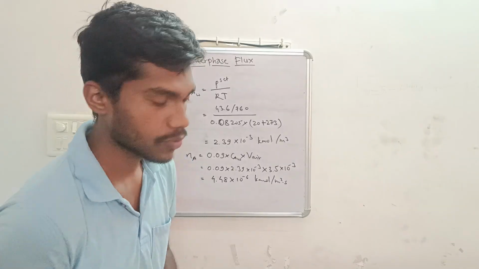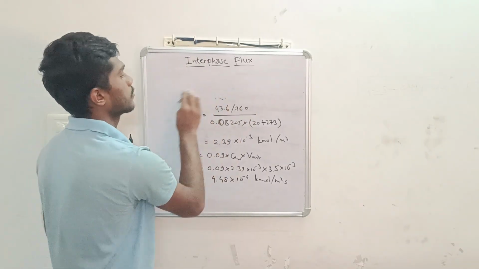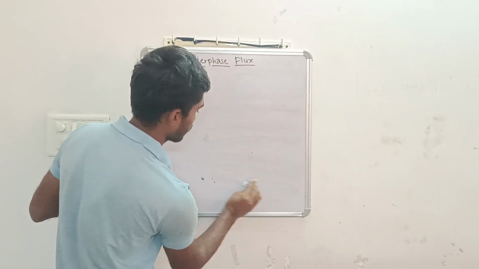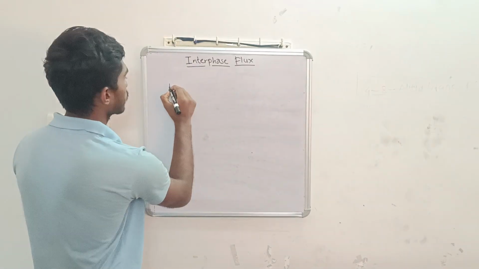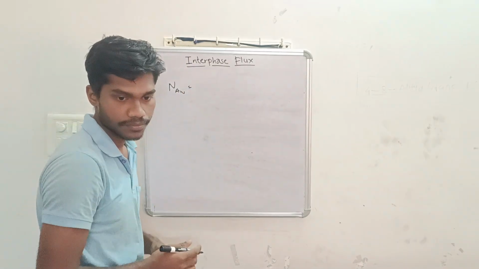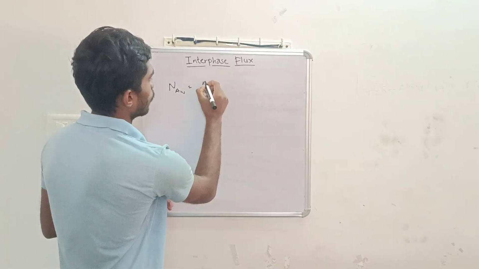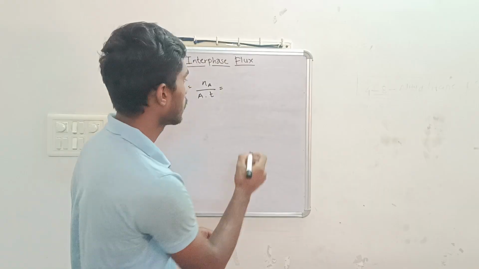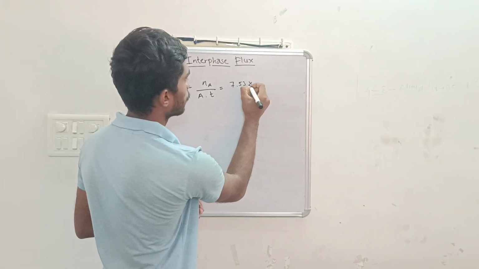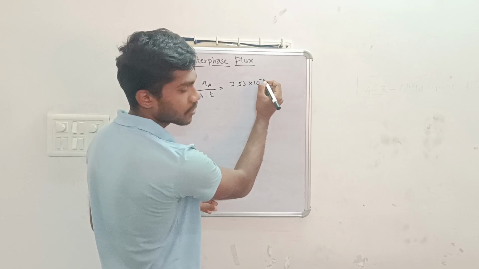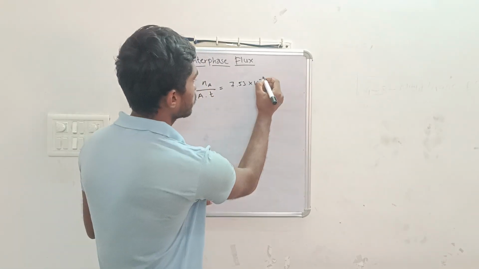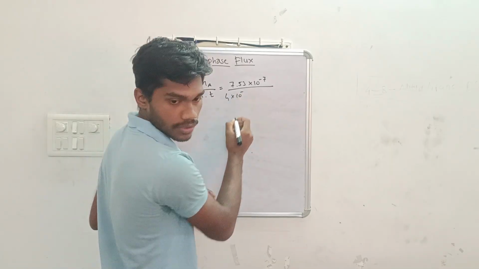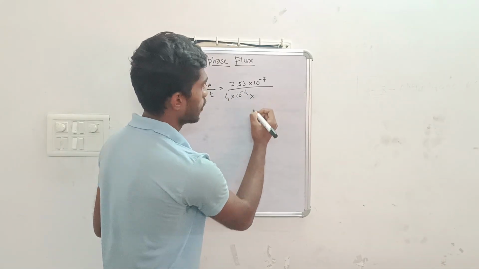So now we will calculate molar flux. The molar flux will be equal to moles evaporated per unit area per unit time, that is equal to 7.53 into 10 power minus 7 divided by area, that is 4 into 10 power minus 4, into time.